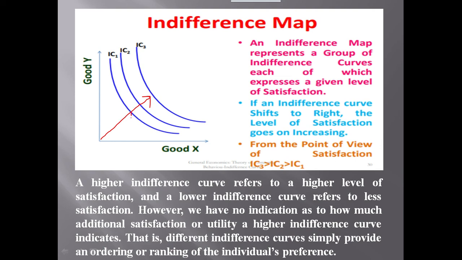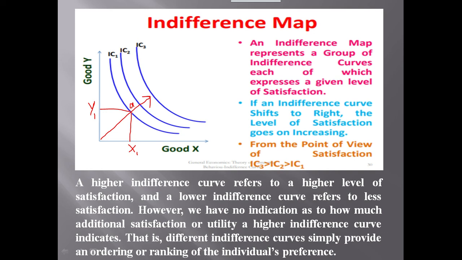Let's suppose the individual is consuming at point A. This is point A. Here x1 quantity of x and y1 quantity of y is being consumed by the consumer.